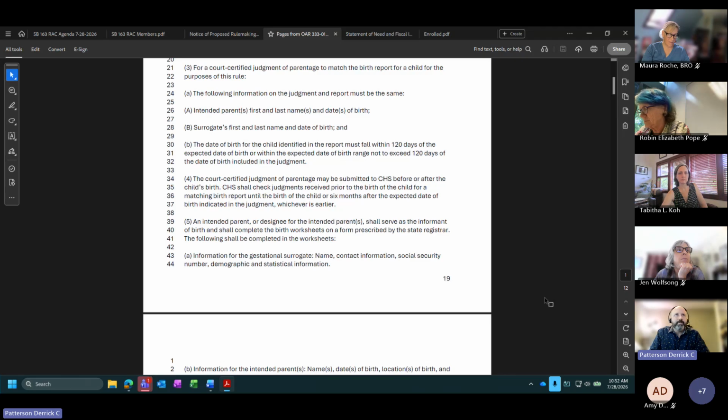Okay, section 4, the court-certified judgment of parentage may be submitted to CHS before or after the child's birth.